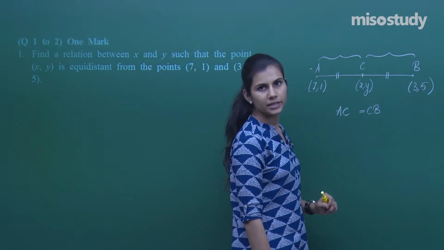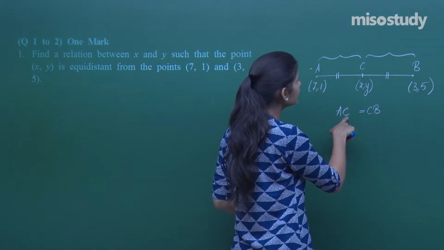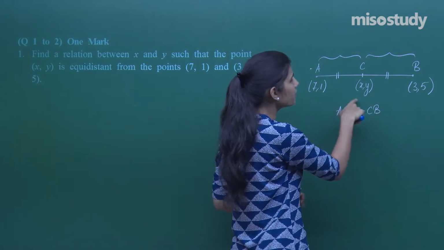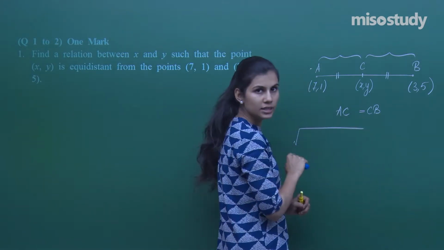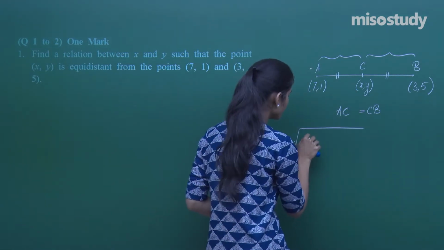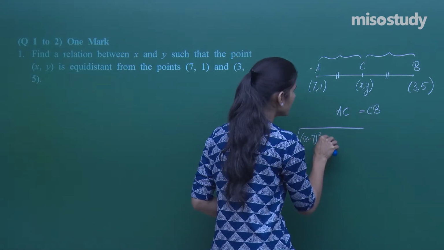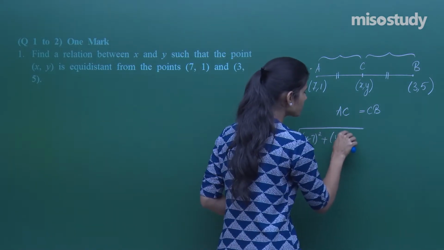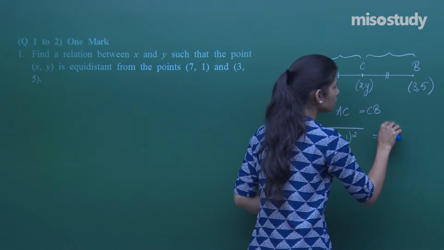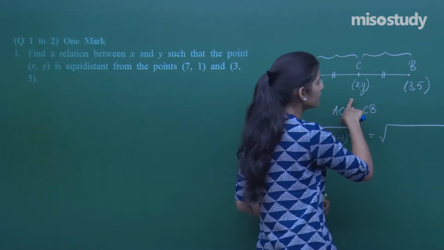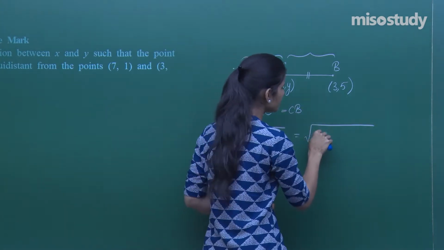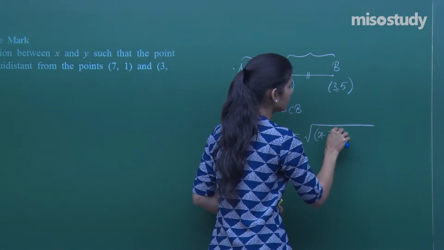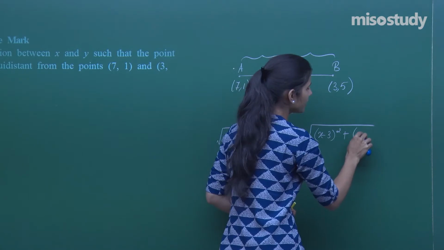So what do you get from here? What is the length of the line segment AC, or the distance between the points A and C? By the distance formula, you know it is equal to under root (x minus 7) whole square plus (y minus 1) whole square, which is equal to under root (x minus 3) whole square plus (y minus 5) whole square.